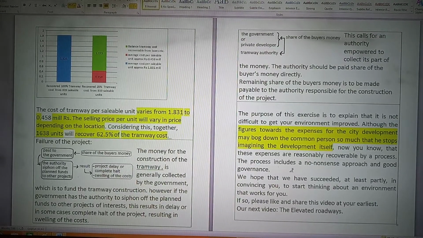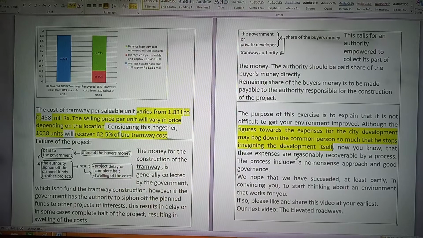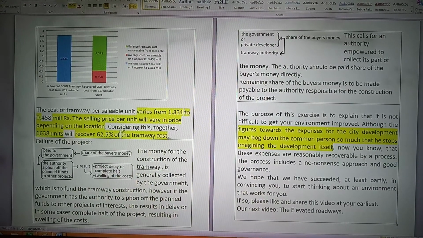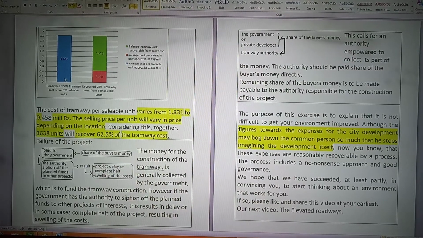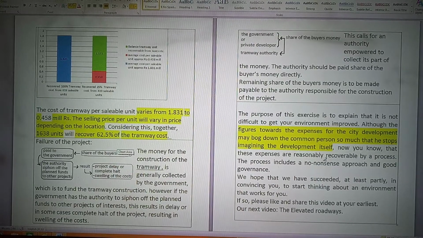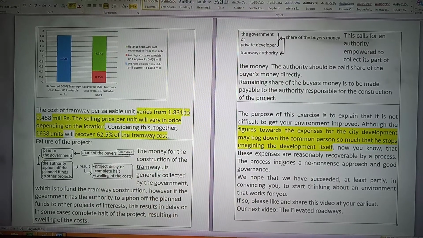Our effort is to show that even though the costs are high, they are manageable. Now, the entire tramway cost can be manageable if we club these two areas. We just saw that it can be manageable up to 62.5%, and the balance can be recovered by the revenue.